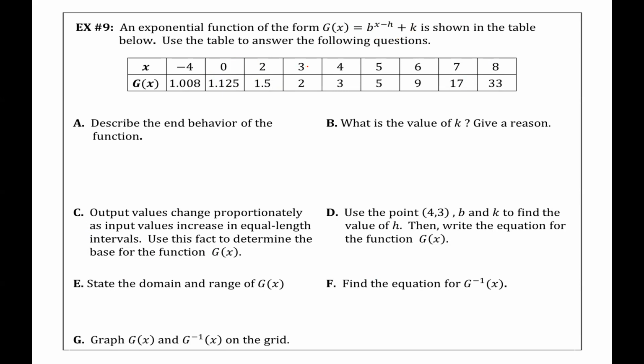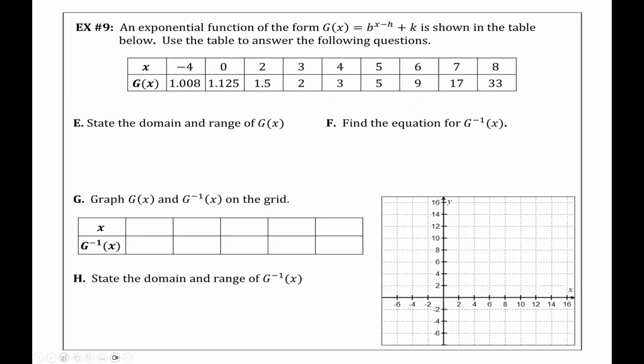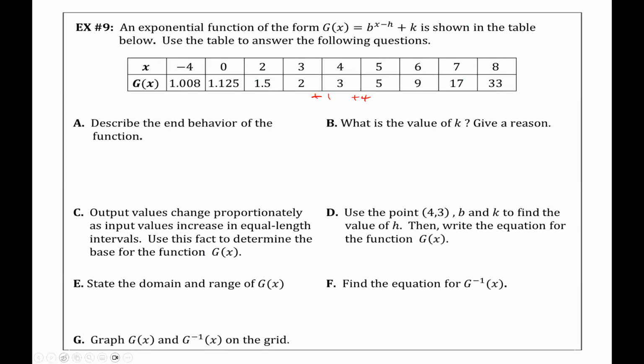Use the table to answer the following questions. So the first thing you want to do is try to figure out what is happening here. The decimals may not help me figure out what's happening, but I can recognize a pattern here and go from there. So I see that this is a +1, +4, I mean +2. I can count, guys. +2, +2, +4, +8, +16.